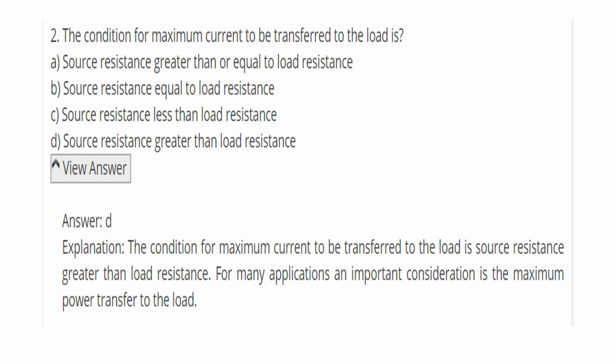The correct answer is D. And explanation: the condition for maximum current to be transferred to the load is source resistance greater than load resistance. For many applications, an important consideration is the maximum power transferred to the load. So correct answer is D, source resistance greater than load resistance.